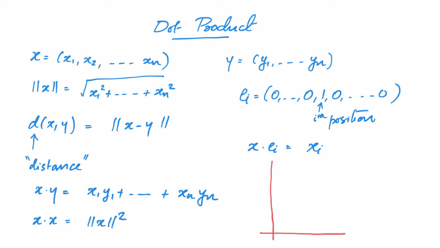This is perhaps easier to understand when n is equal to 2. In this case, x dot e1 is the x coordinate and x dot e2 is the y coordinate.